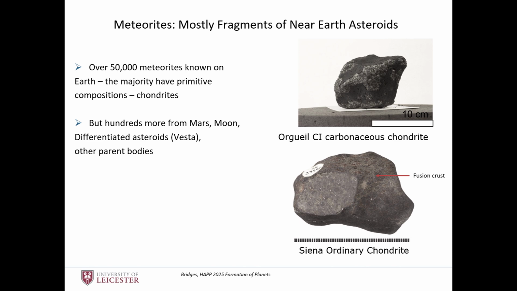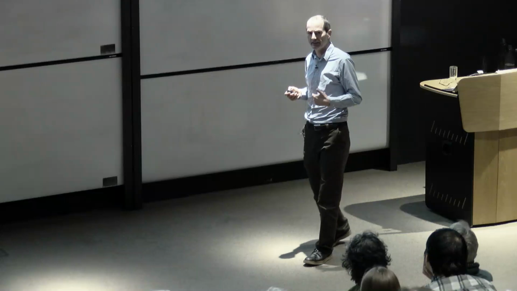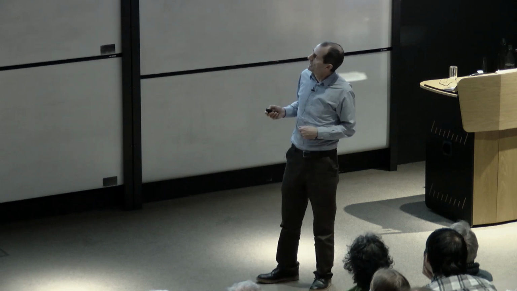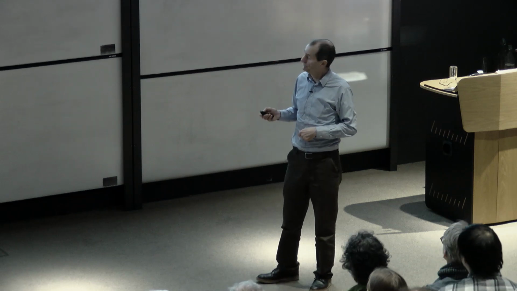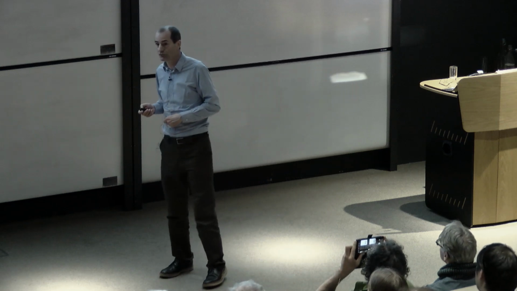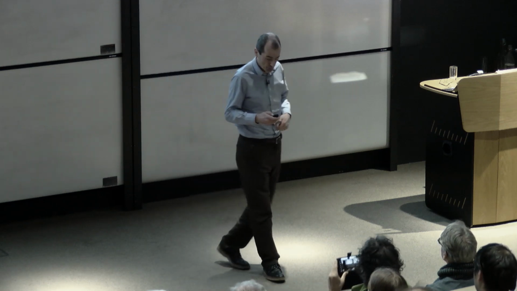So although they've had this traumatic journey from the planets and the asteroid belt, the inside has stayed pristine and gives us this remarkable record. I'm going to talk about some of the mineralogical record in particular within it. The vast majority are from asteroids, but we're recognizing hundreds more from Mars, Moon, and Vesta.